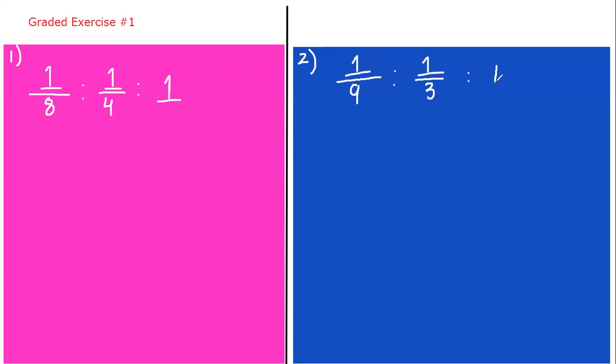All right, so hopefully y'all are able to do this. I have a lot of confidence in y'all. So go ahead and attempt these.